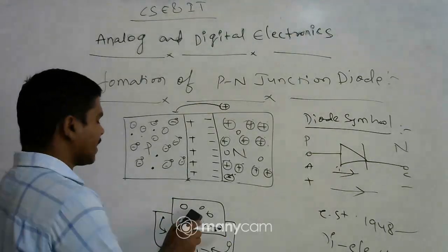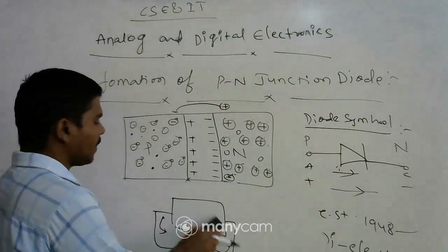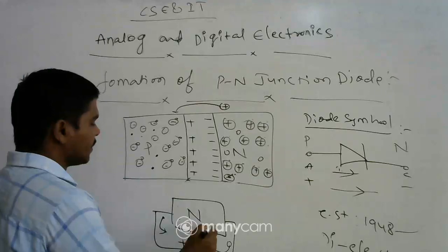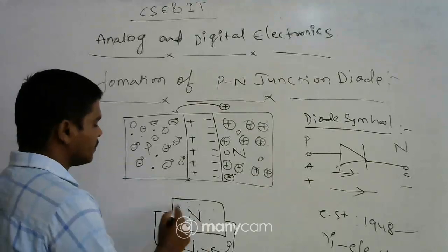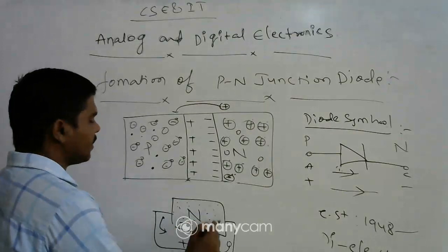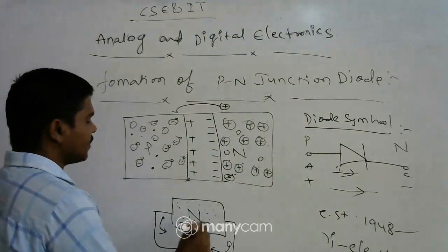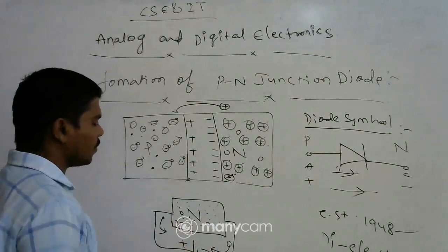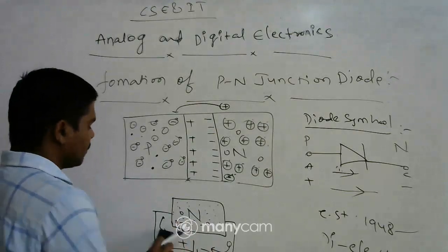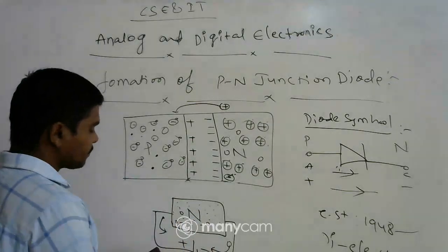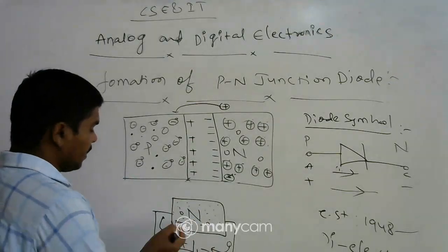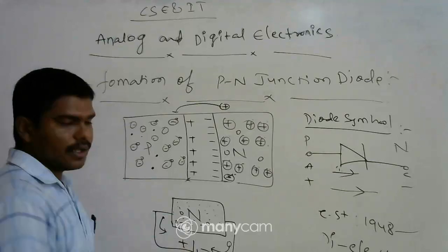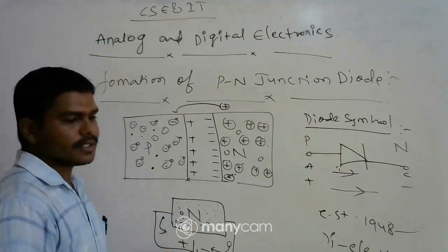Similarly, in the N region, electrons are the majority carriers and a small number of holes are the minority carriers. Electrons are attracted to the positive potential and holes to the negative potential, the same thing.